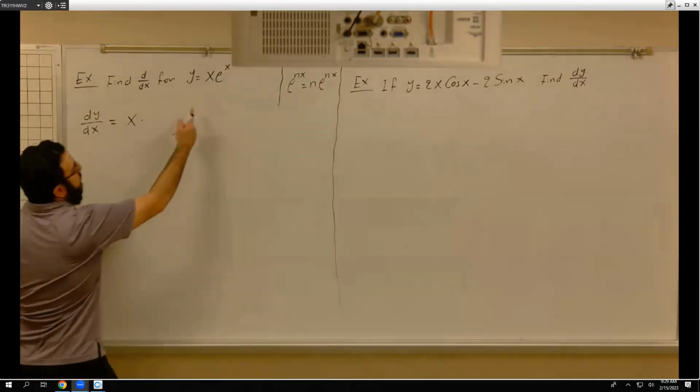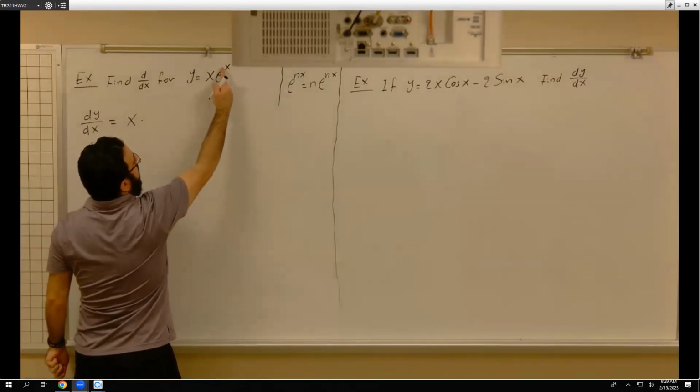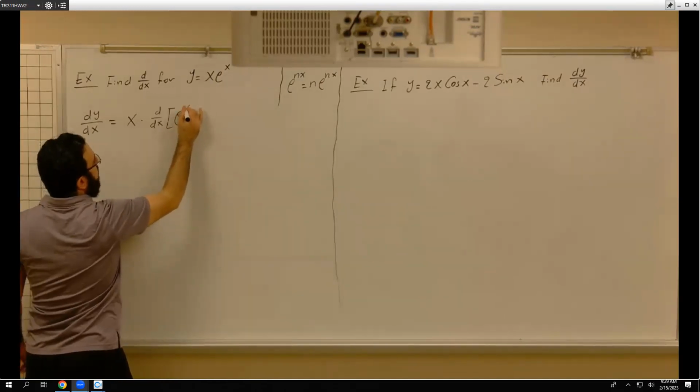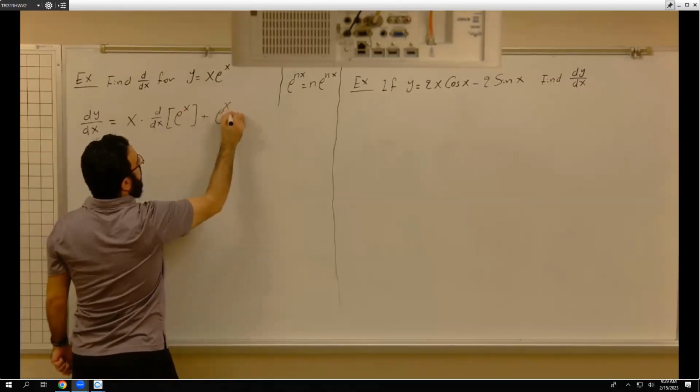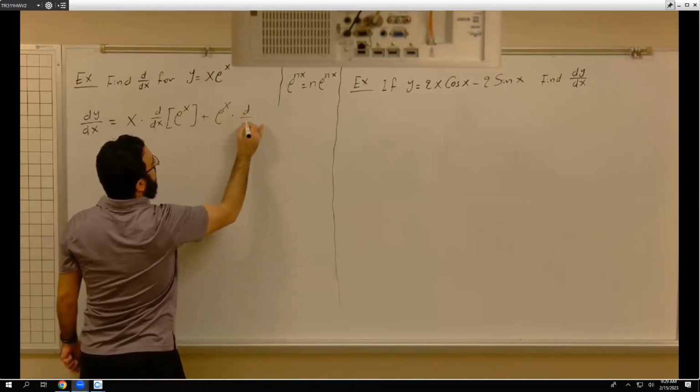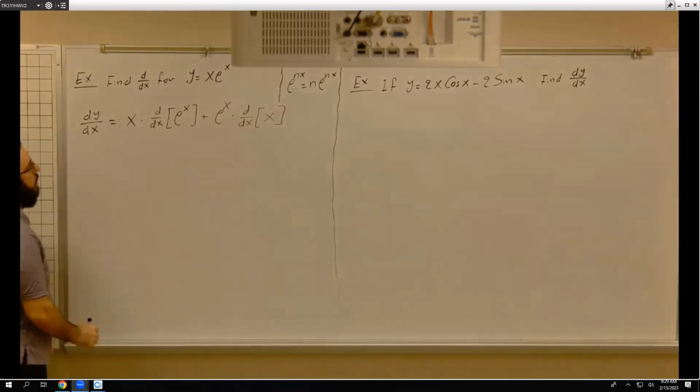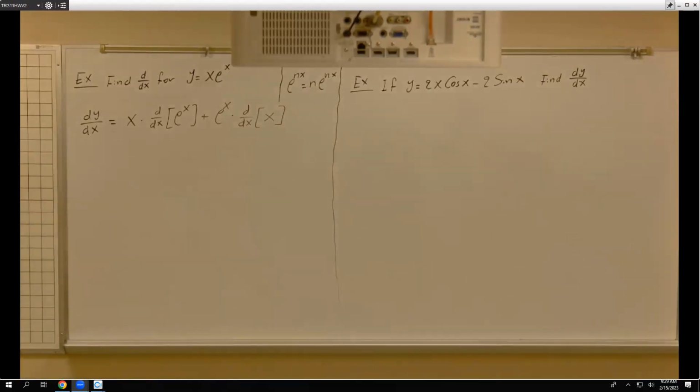So the derivative for e to the x, that means d over dx of e to the x, I'm just writing down the rule, plus the second one, which is e to the x, times the derivative d over dx of x. Now, this is the rule.